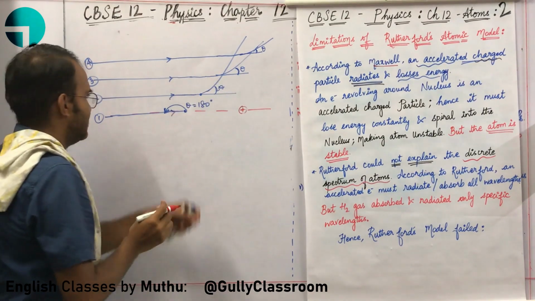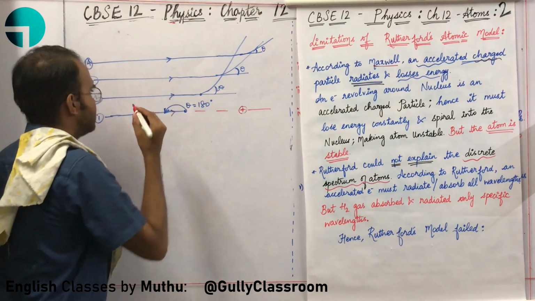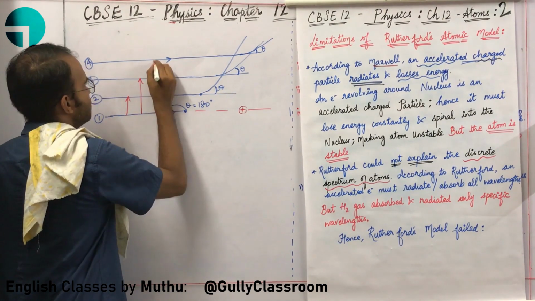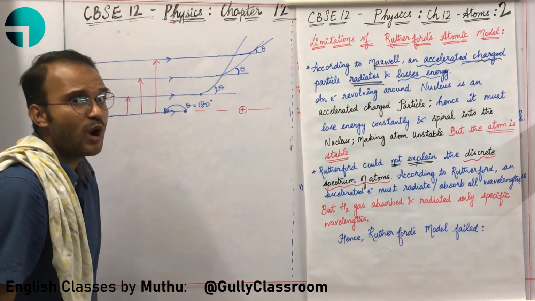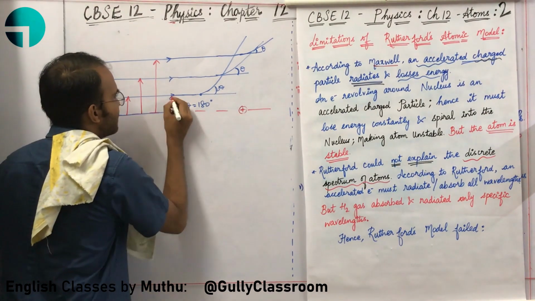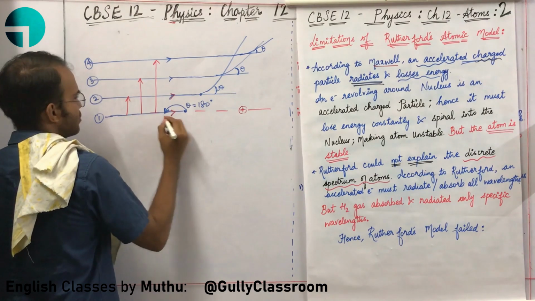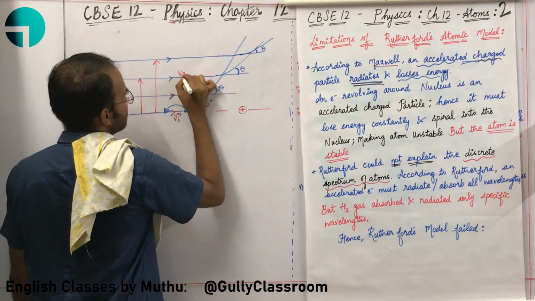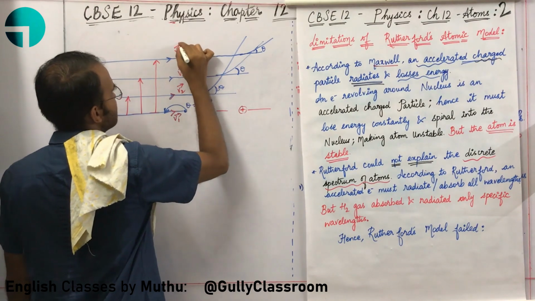How are we putting this in terms that can be easily understood? Let us call the velocity vectors of the alpha particle v1, v2, v3 and v4.